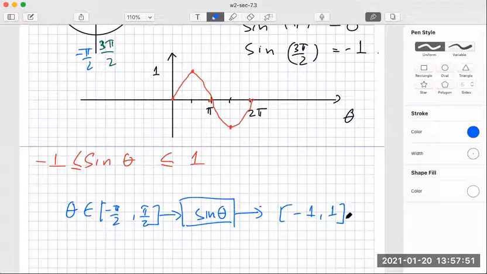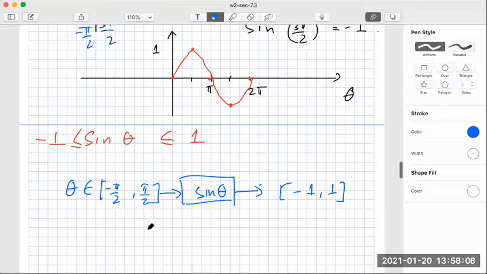So if we pick theta from -pi/2 to pi/2, the range of this function will be from -1 to 1. So it is convenient to define a one-to-one relation. Since it is one-to-one, we can take the inverse of sine theta.